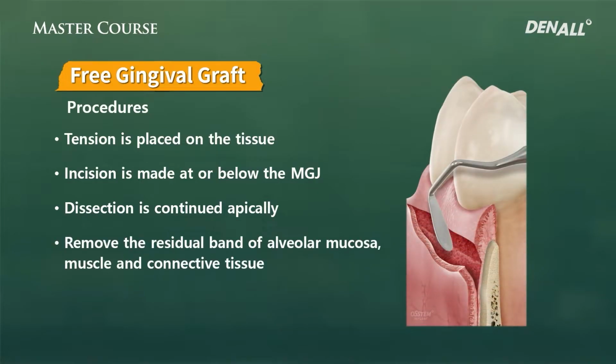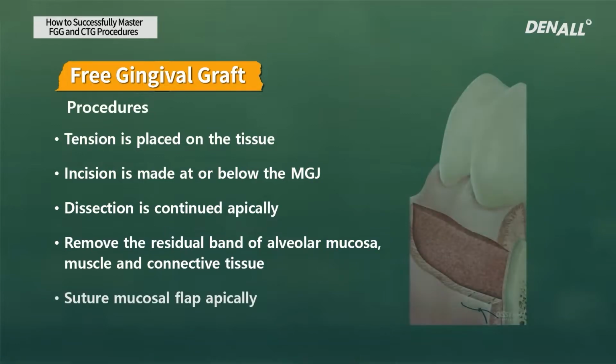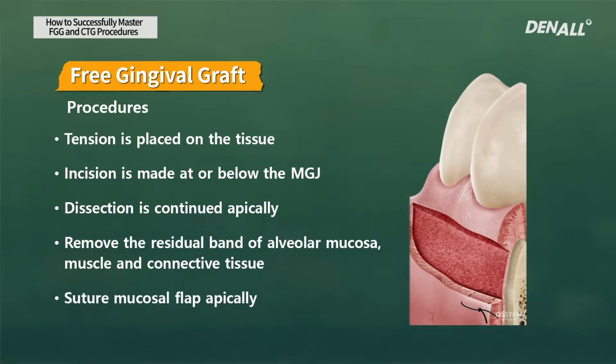After that, the residual band of alveolar mucosa, muscle or connective tissue needs to be removed, along with the receded gingiva, so that the graft from the donor site can settle in the recipient site, and you need to suture the mucosal flap apically to complete the recipient site.